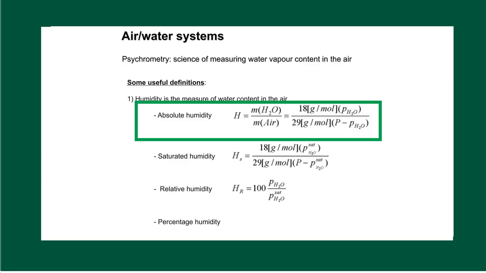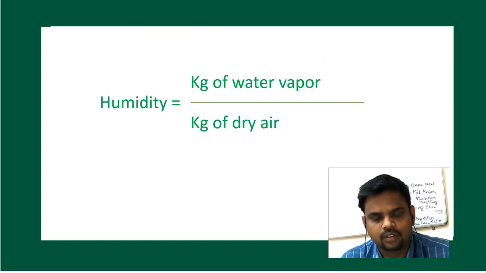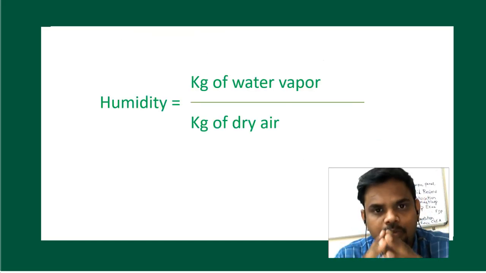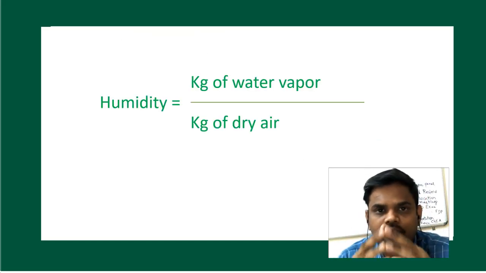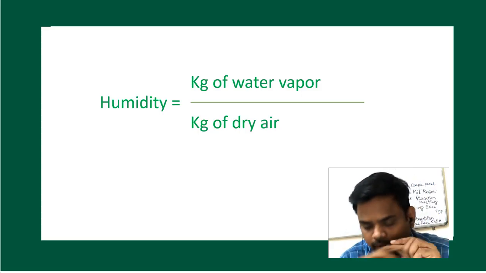So you can put them in ratio that way also. Absolute humidity is the mass of water per mass of dry air. It is the ratio of kg of water vapor per kg of dry air. The denominator is dry air.